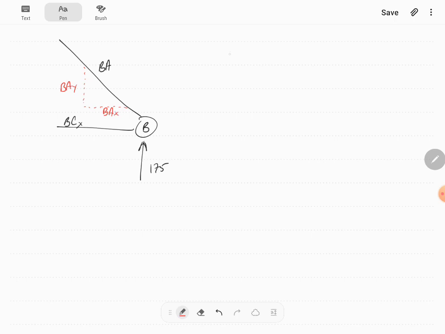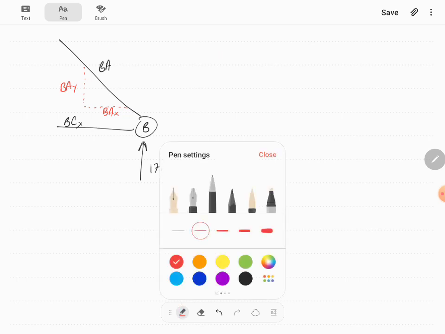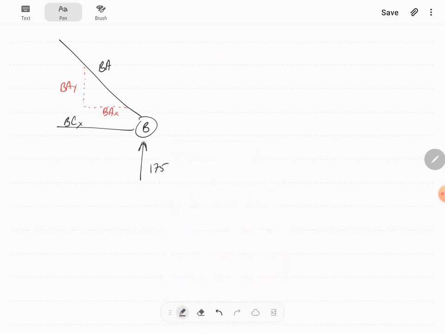Well, what do we do now? We look at the sum of the y forces first, because currently I don't know anything about either x force, but the sum of the y forces has to equal 0, and there's only two. There's a force applied at B and the y, and there is BA's y component.